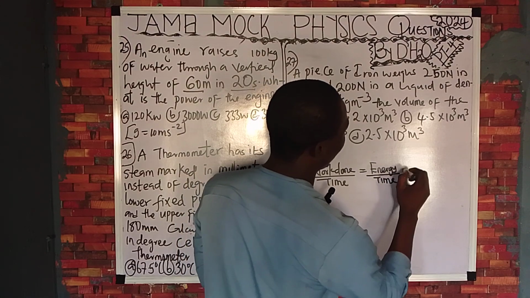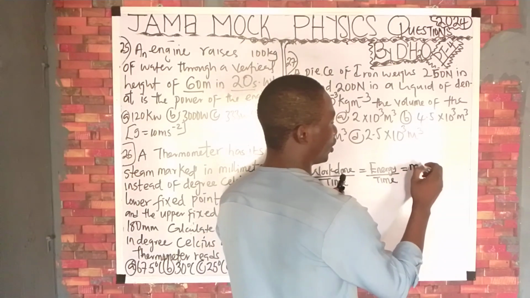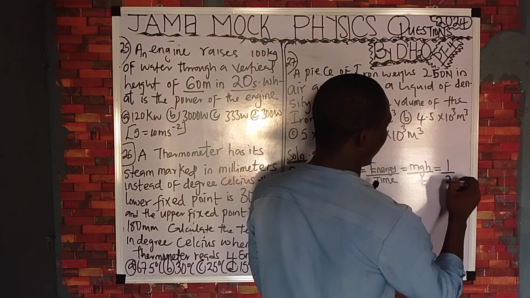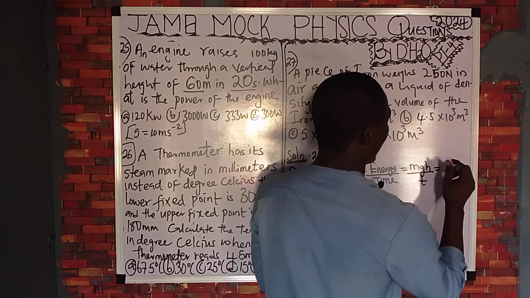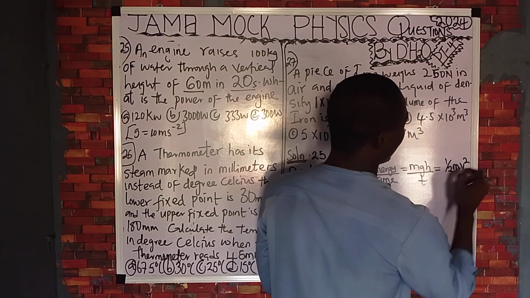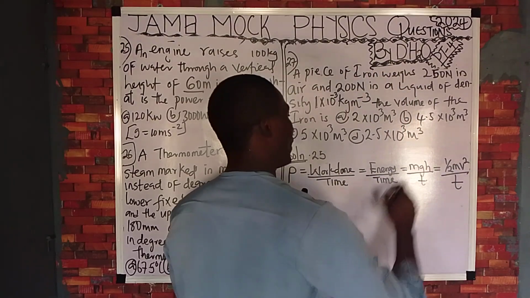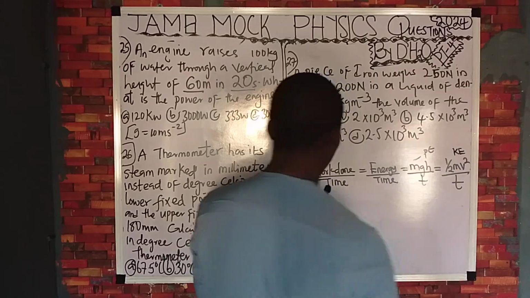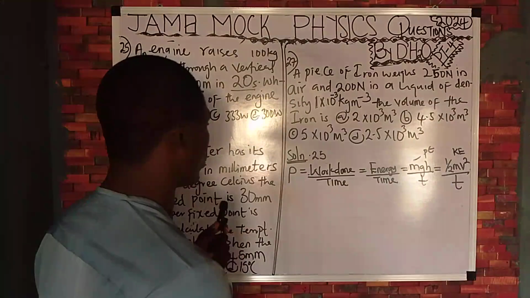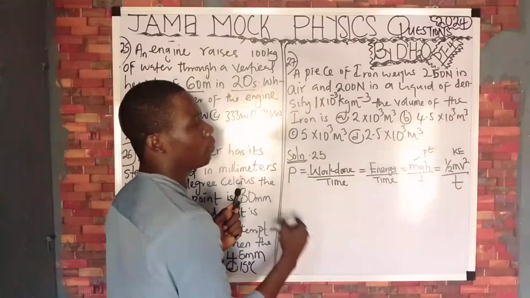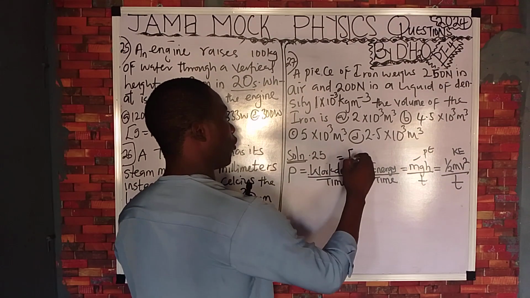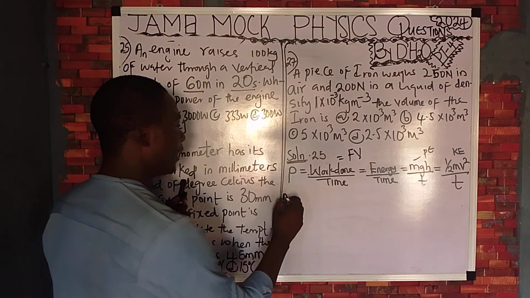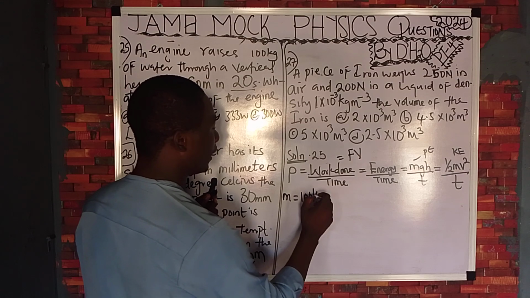If it is energy, it can be potential, which is mgh over t, or it can be kinetic, 1 over 2 mv squared over t. So power can be potential energy over time, or power can be kinetic energy over time. Are we together? So take note of that. This is your formula for power. The last formula for power is that power can also be equal to force times velocity. In this particular question, they said that the mass of the object is 100 kilogram.